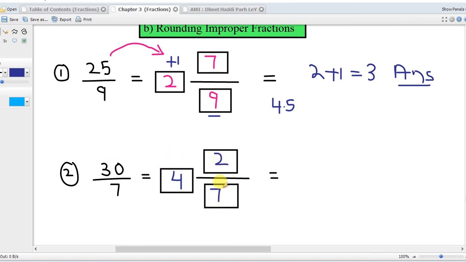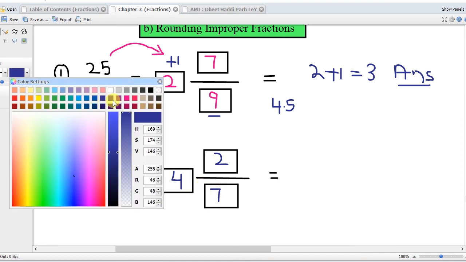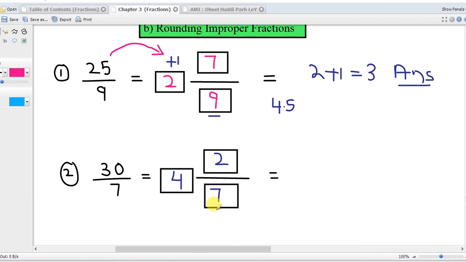Now pay attention to the denominator value. Since this is 7, half of 7 is 3.5. Now compare this 3.5 with the numerator value. Since 2 is smaller than 3.5, we keep the whole number as it is. There is no need to add 1. Got it?